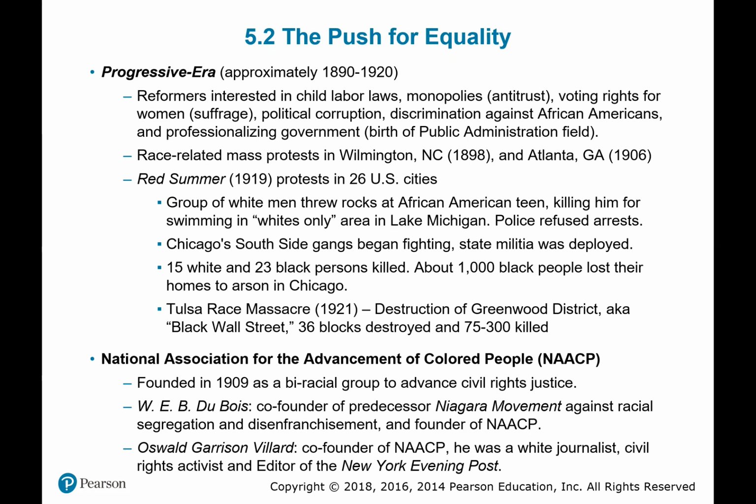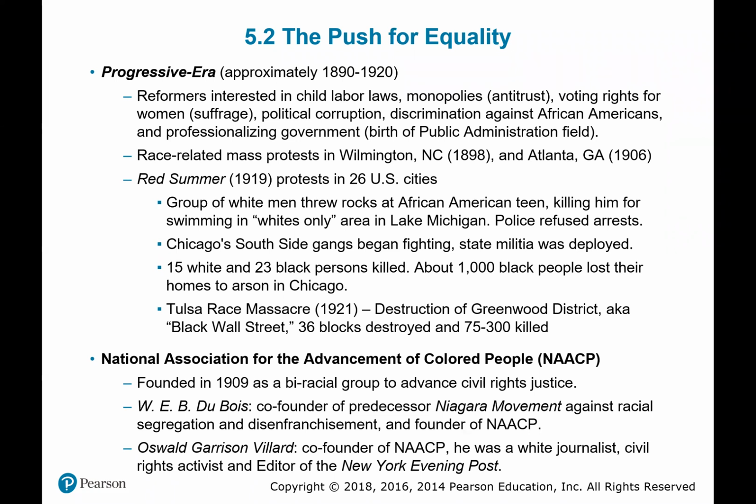And finally, the white establishment, local government decided to attack and destroy, even using planes to bomb buildings, and destroy 36 blocks of this Greenwood district, and killing anywhere estimates between 75 and 300 African Americans. So there's been always, unfortunately, these incidents in this country far before what we think of as the 60s riots, where we had issues with this.